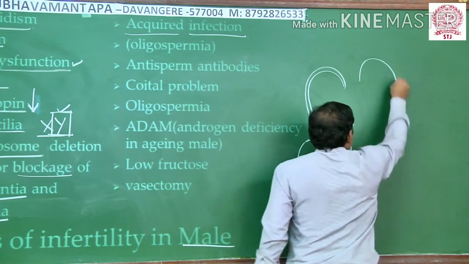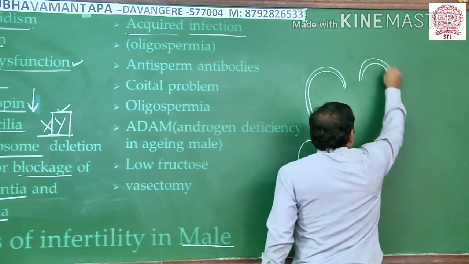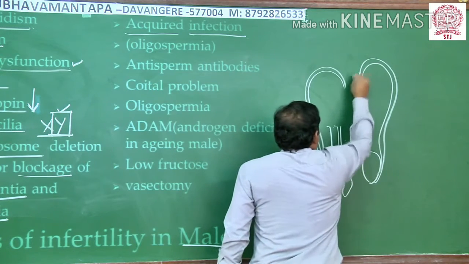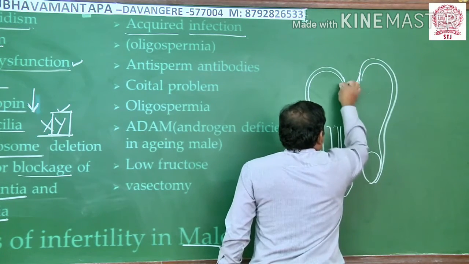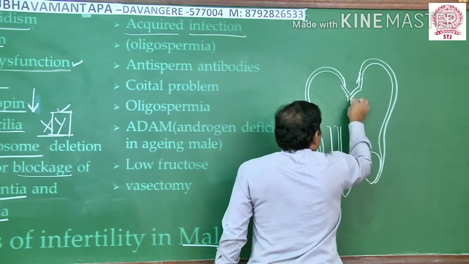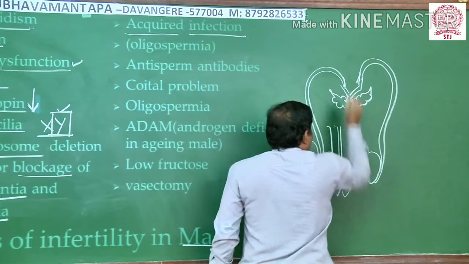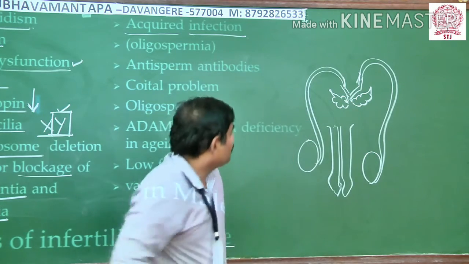From the two testicles the vas deferens arises, and both are connected at one place, where they connect with the seminal vesicles.